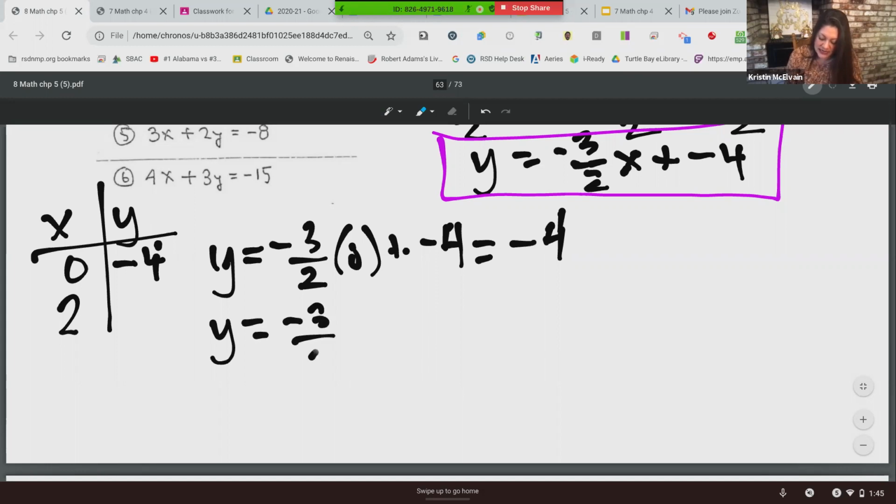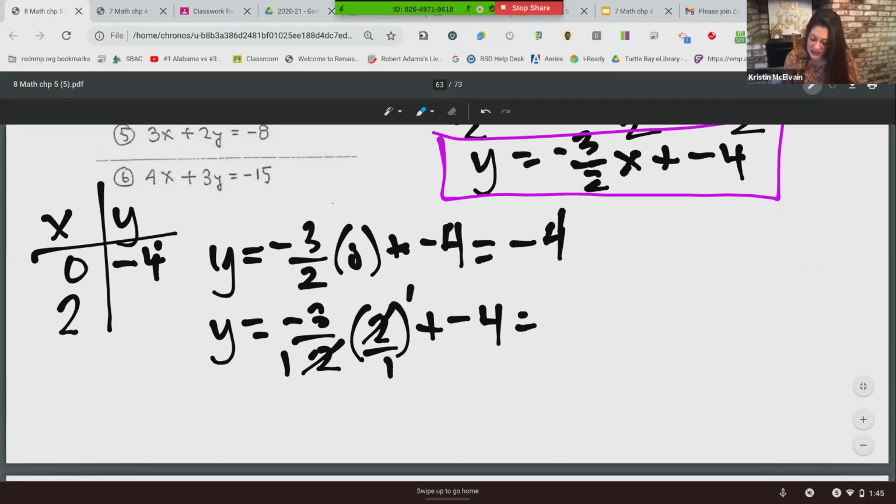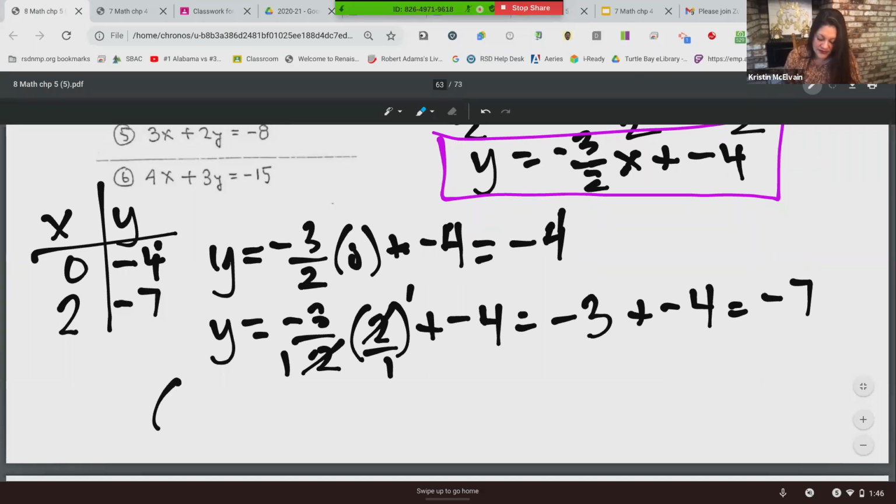Y equals -3 halves times 2 plus -4 equals, these cancel out. Of course, that's over a 1. -3 plus -4, which is -7. So my 2 points on this line, of course, are infinite points, but we have 0, -4, and 2, -7.